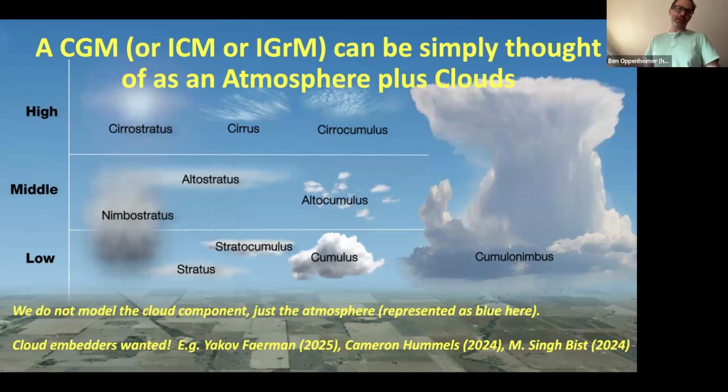If you are on a telecon with Yakov or see his office, he has a picture of clouds like this because he's thinking about clouds in an atmosphere. And he has his own models for the hot atmosphere, some isothermal models and an isentropic model, or Cloudflex by Cameron Hummels, and others. So we want to combine this ultimately with a cool cloud model as well.